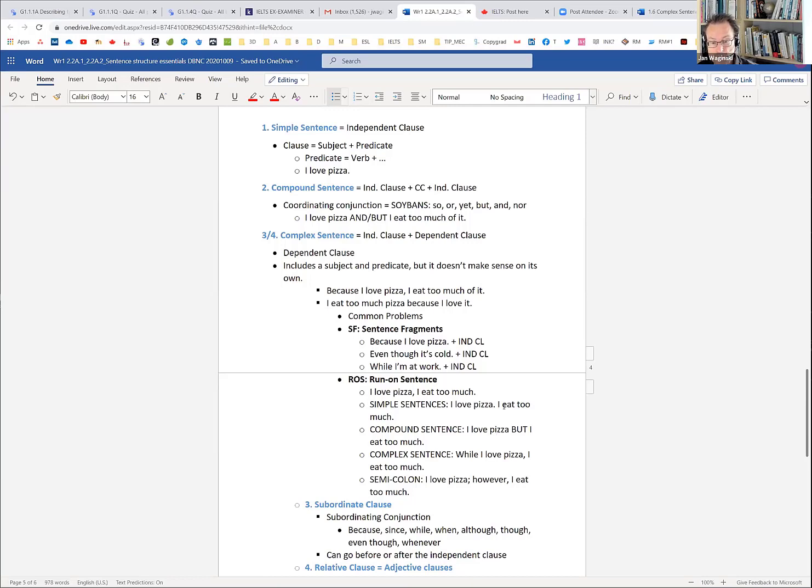But then when your ear catches this kind of point, you have to ask yourself, before I pause, is it an independent clause or a dependent clause? Okay, if you've got an independent clause and a dependent clause side by side, you probably need a comma. But if you have an independent clause and another independent clause next to it, be very careful. There's a good chance you need a period, or you can combine those two together in another way.